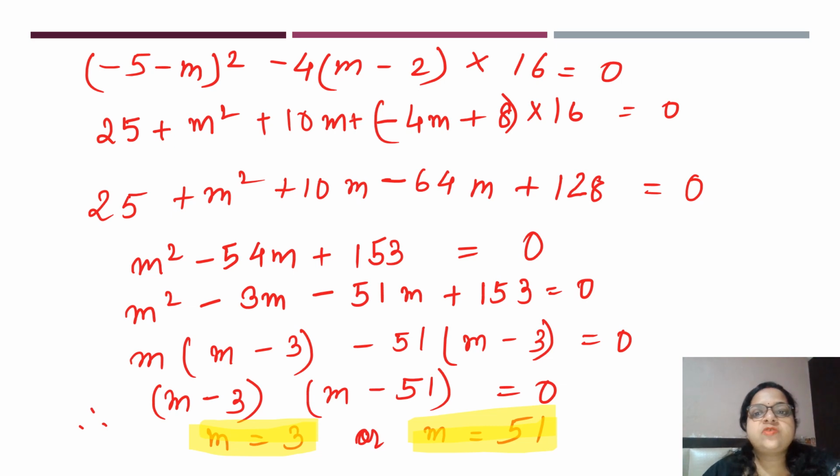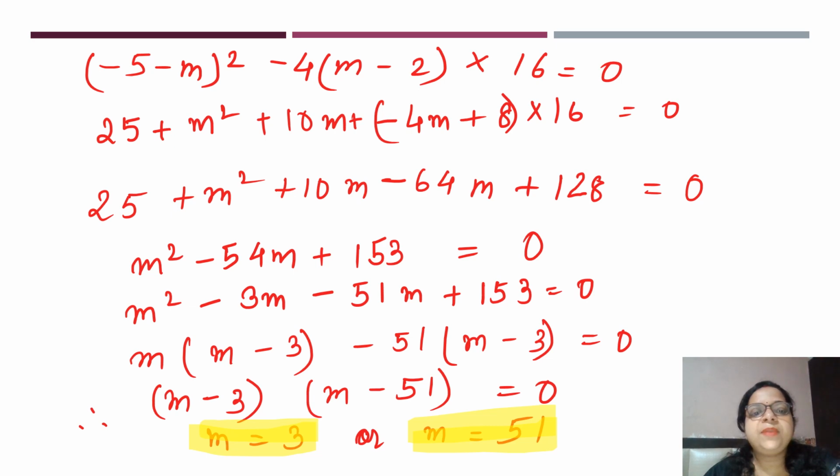So, we solve the left hand side, children. When we find the square of (minus 5 minus m), we get 25 plus m square plus 10m. The second term is minus 4 multiplied by (m minus 2), which gives minus 4m plus 8, and it has to be multiplied by 16.